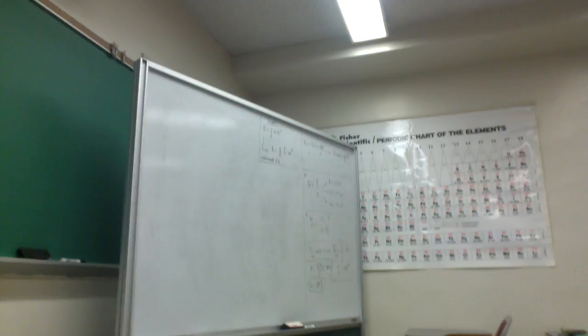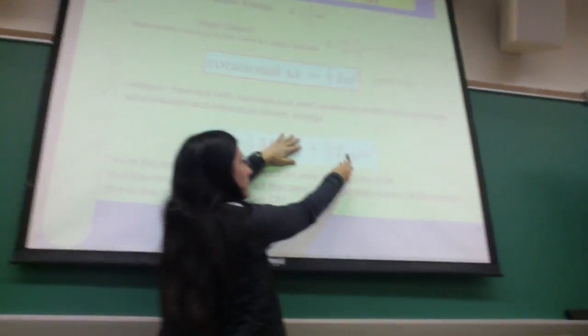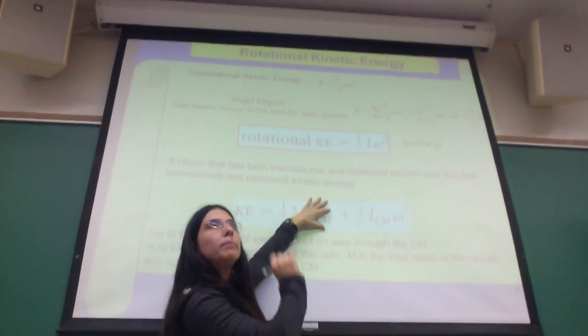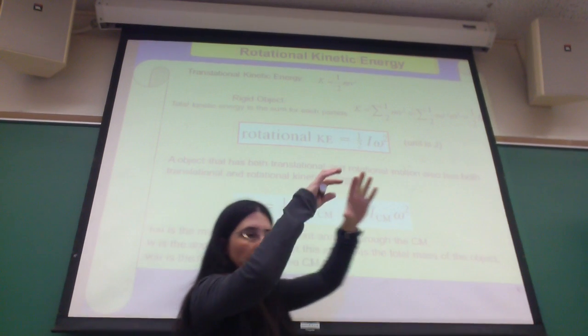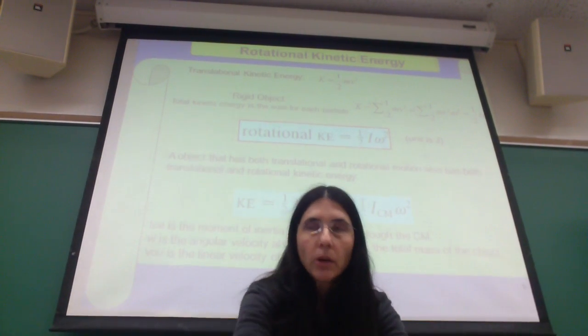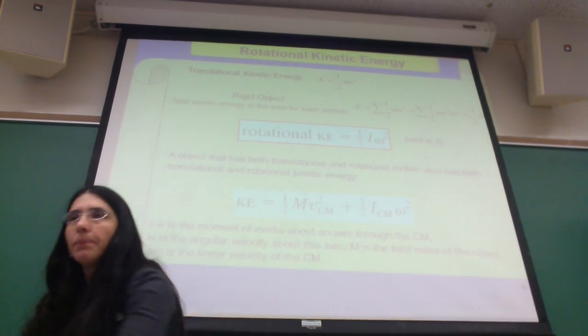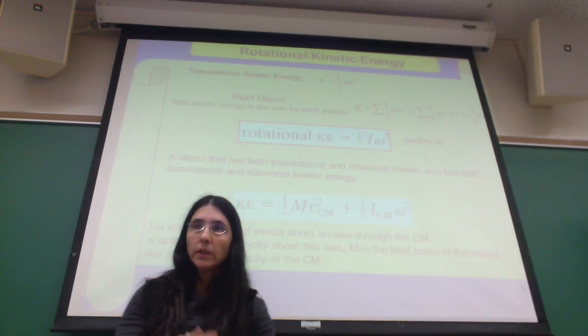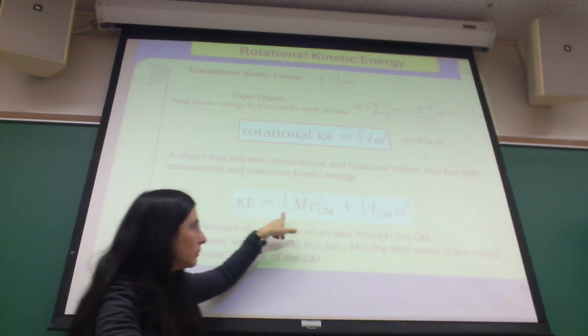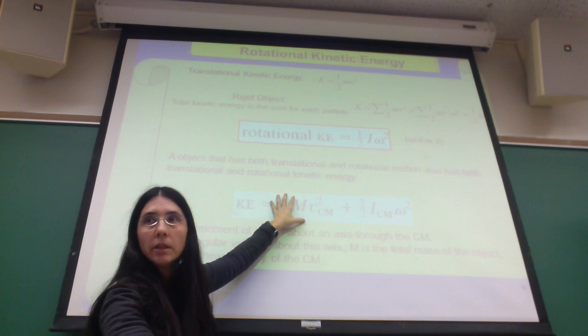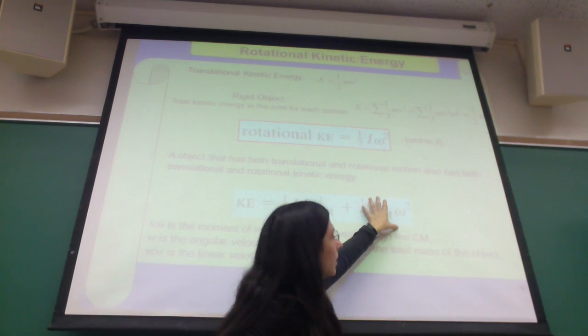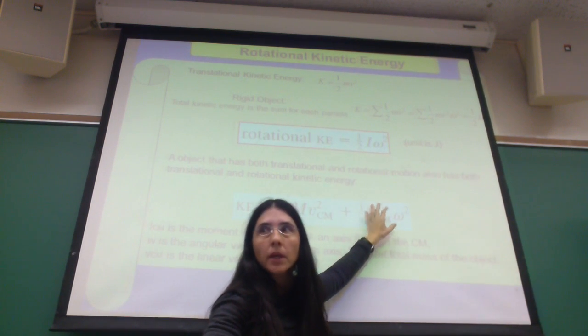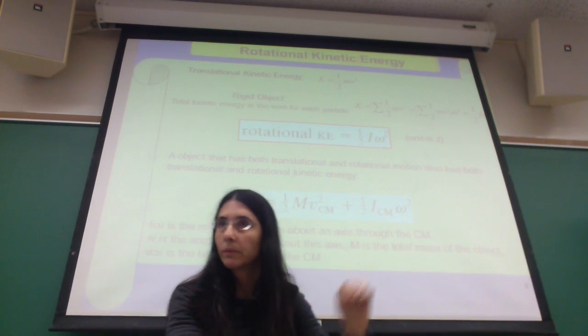If I have an object that is just rotating, this is the kinetic energy. But suppose I have the bike wheel that is rotating but is also on the floor, translating. So I have a combination of two things. I have the translational motion, so I have this linear kinetic energy, and I also have the rotational part. So now I have a sum of both.